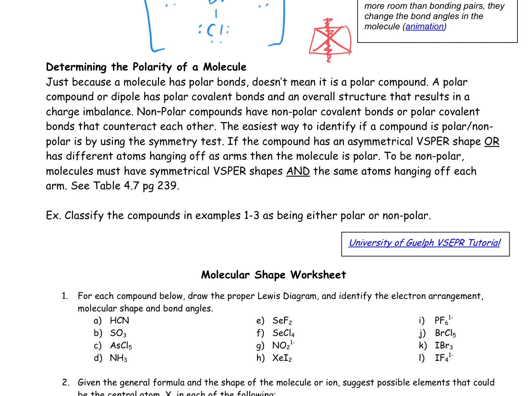In order to call something a nonpolar compound, it has to have a symmetrical VSEPR shape, plus all of the atoms hanging off of the arms need to be identical.